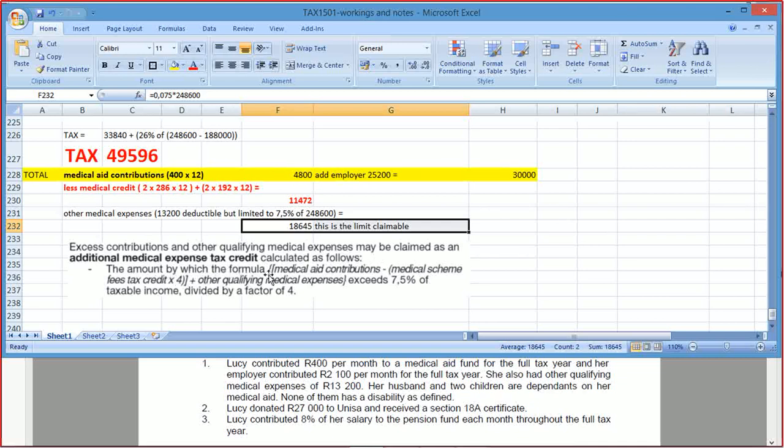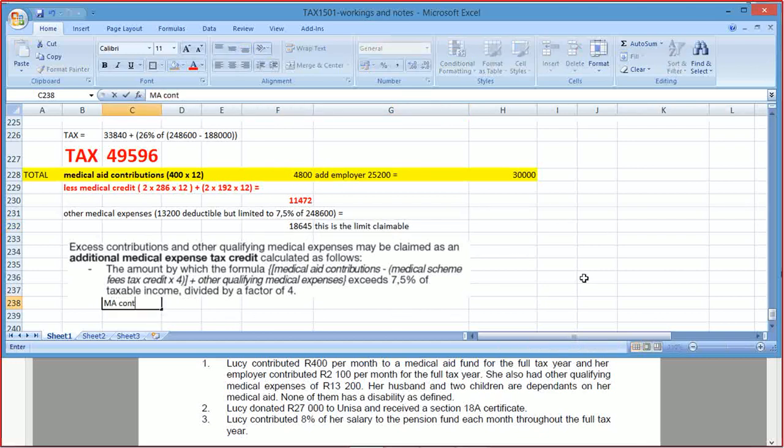So the excess contributions and other qualifying medical expenses: the amount by which the formula, medical aid contributions minus medical aid schemes plus other qualifying expenses, exceeds 7.5% of taxable income. Does it exceed 7.5%? No, it doesn't exceed.